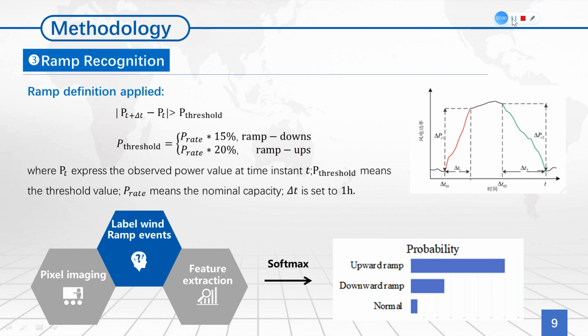With this definition, we label the pixel images with three classes: ramp downs, ramp ups, and normal events. Then we trained the above improved LSNet models to calculate the relevancy between each local feature and the labels, and each relevancy is converted into a probability by using the softmax formula.